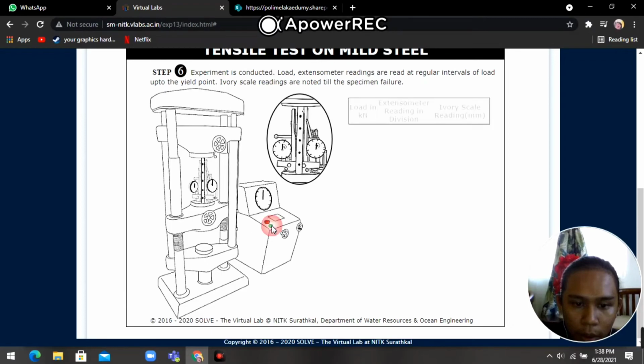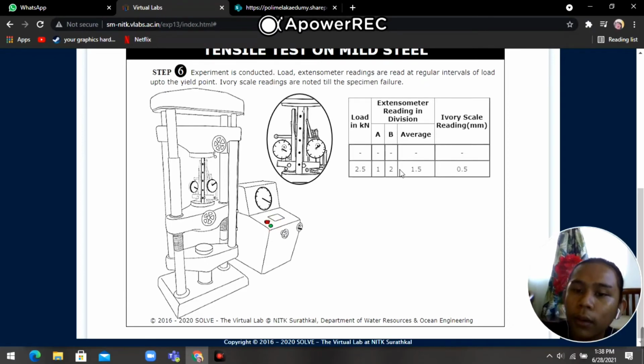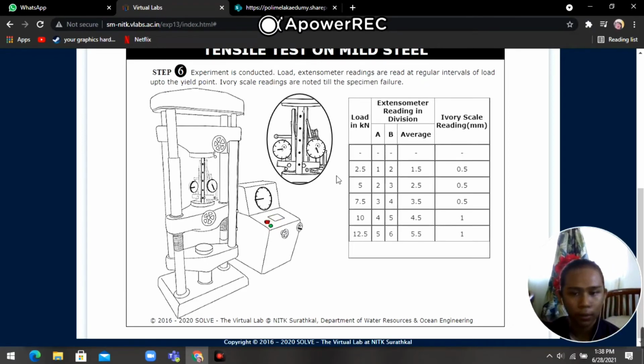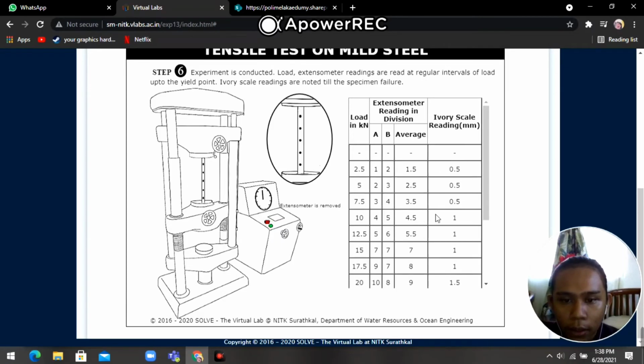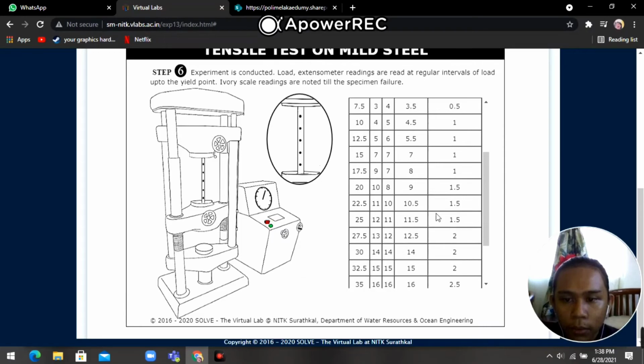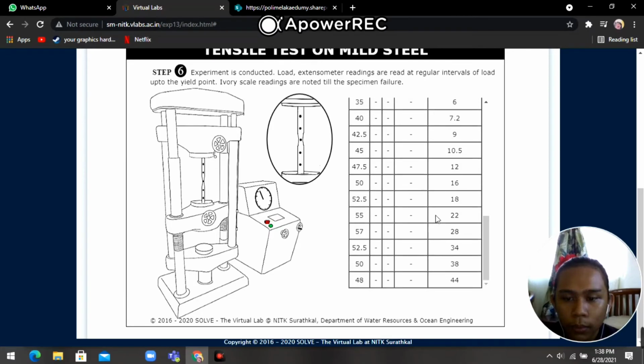Press the green button to start. And the data will be downloaded. And press red button to stop download data.